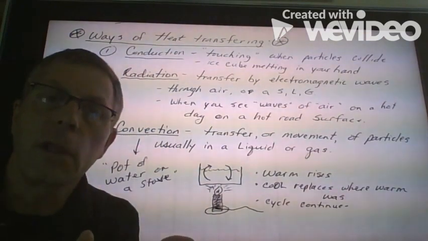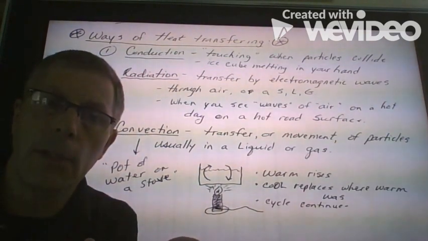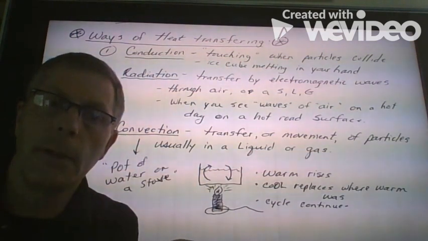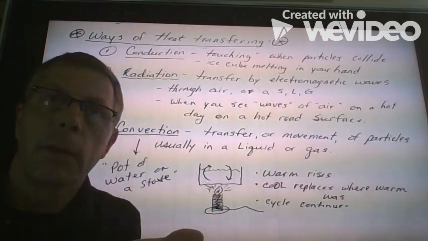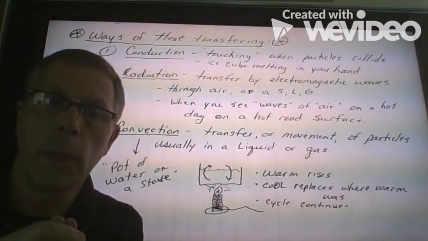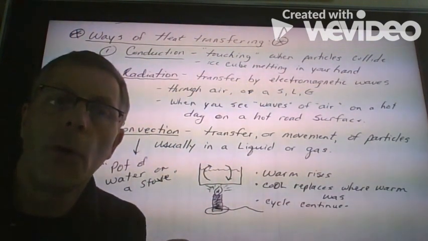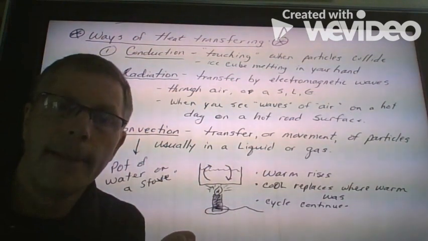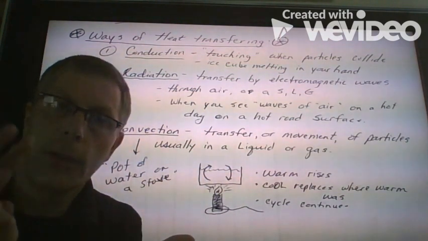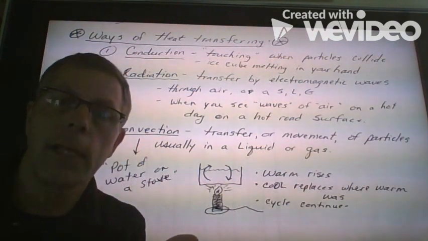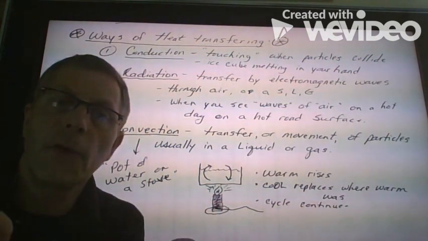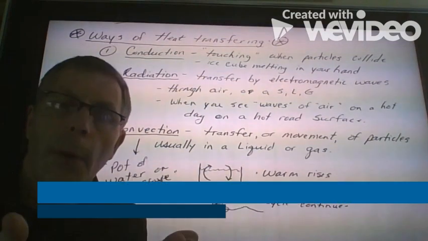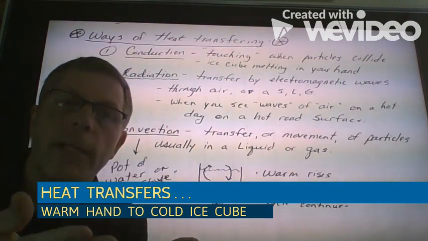So the slower kinetic and potential energy molecules of the ice cube are being warmed, if you will, by your hand, where the thermal energy, the total of all the kinetic and potential energies in the molecules of your hand and your ice cube, is transferring the warmer particles, the ones that are moving faster, to the ice cube.